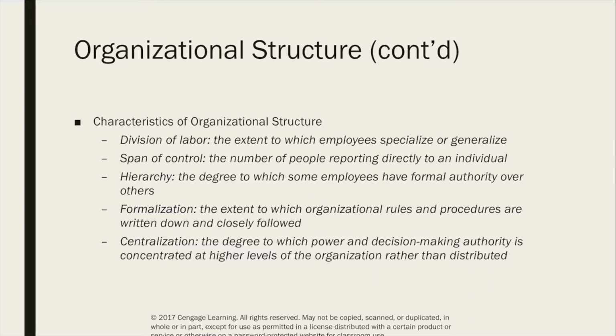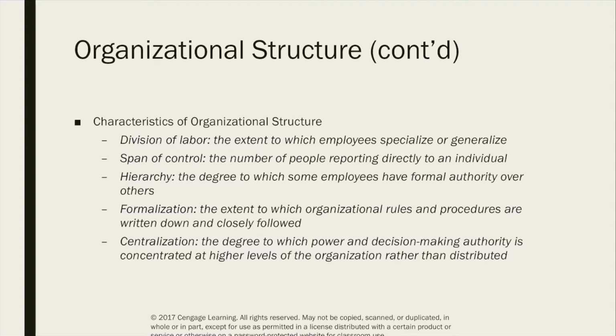But anyway, the division of labor deals with how specialized or generalized these employees are when it comes to their work. Span of control is the number of people reporting directly to an individual.